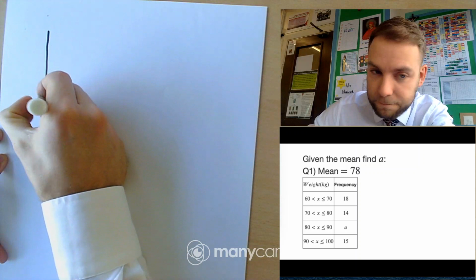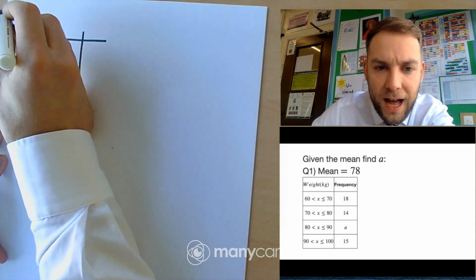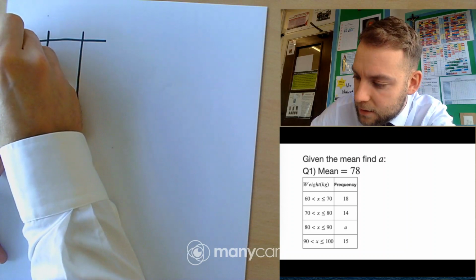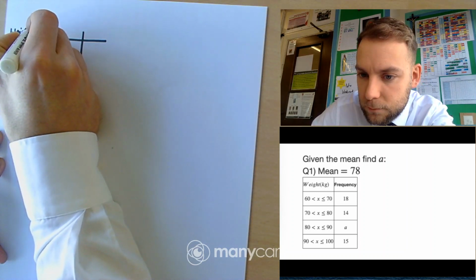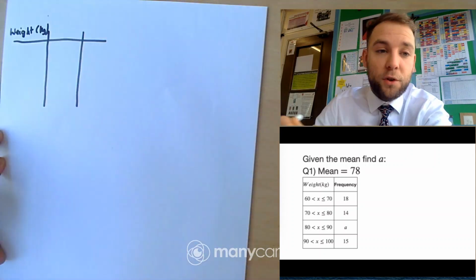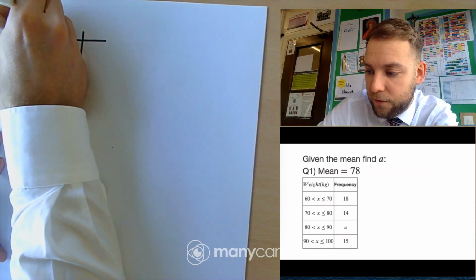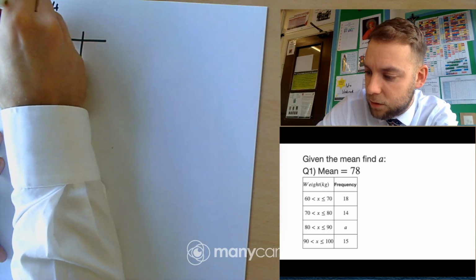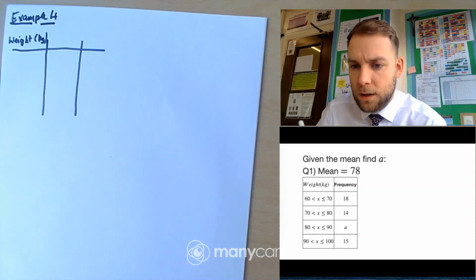So here, I'll draw it out again. We've got our weight in kilograms. Remember, if you're doing this one here as an example, it should be example 4. I think I forgot to write example 3 on the last one. This one here is example 4.